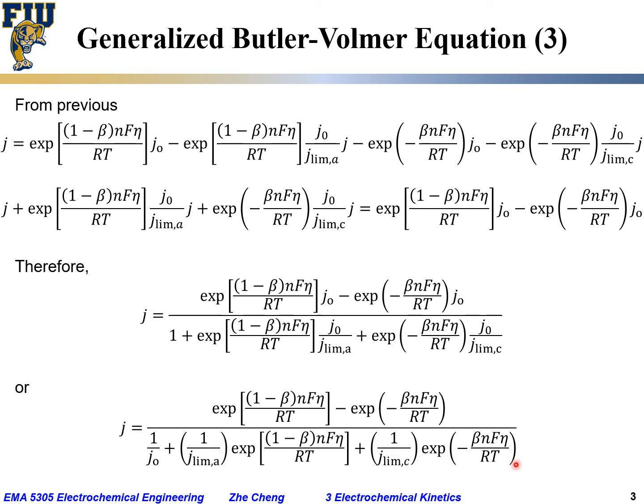Okay, so this is the equation, either one you can use, that allows us to calculate the net current density if we know the overpotential, the number of electrons transferred, the temperature, the symmetry factor, and the limiting current density for both the anodic process and the cathodic process for the same electrode reaction, for the half cell reaction. Okay.